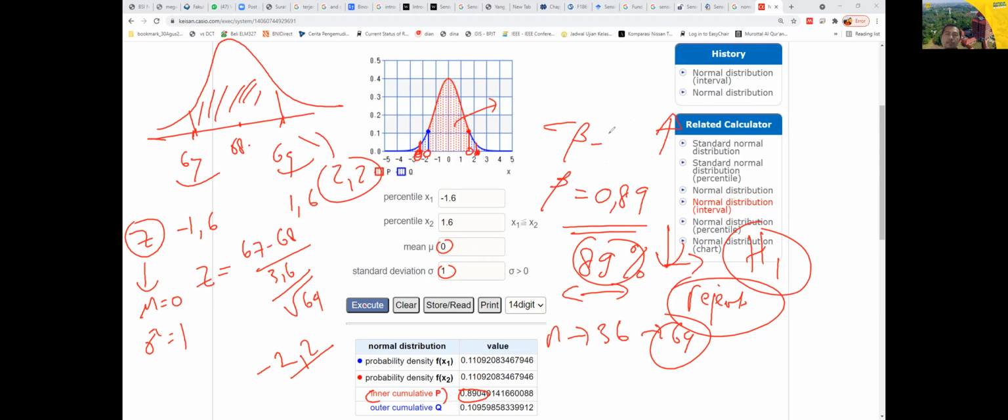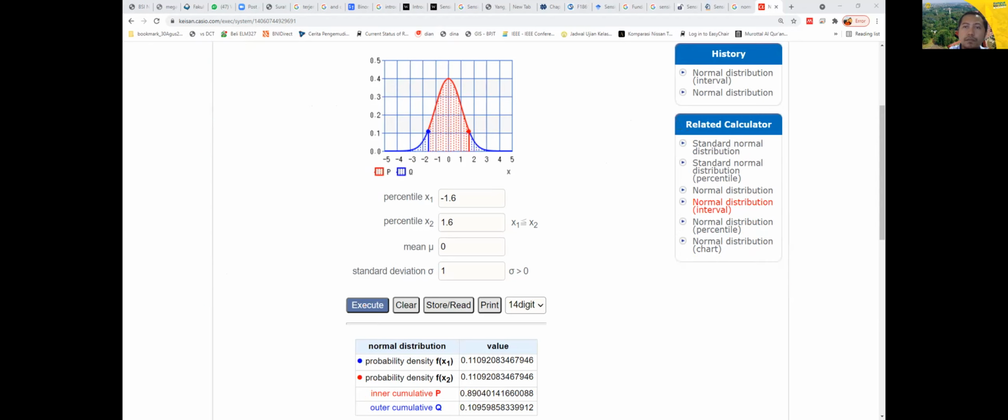Well, seems to be. Are you sure increasing? Kayaknya salah. Dua makin besar atau makin kecil? Seharusnya makin kecil dong.